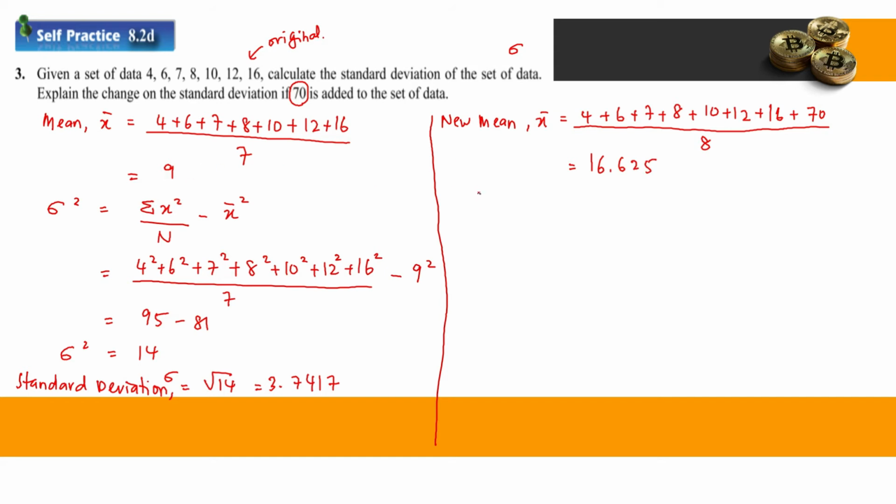So now the standard deviation, we just use this one: the sum of the square of each data divided by n, or the sum of frequency, minus the new mean square. Okay, so this is the standard deviation.